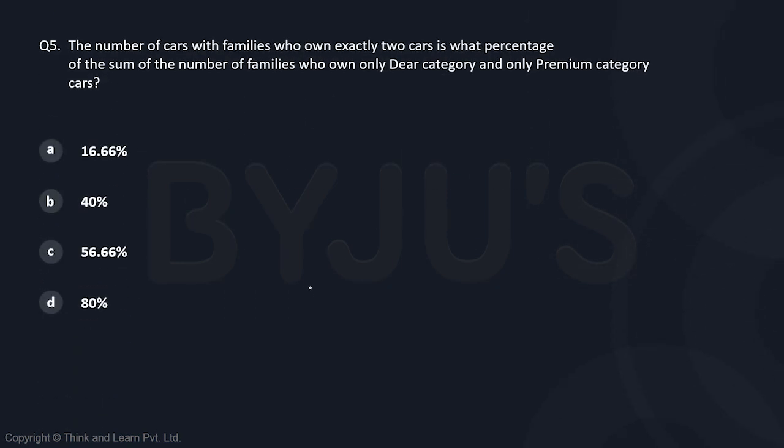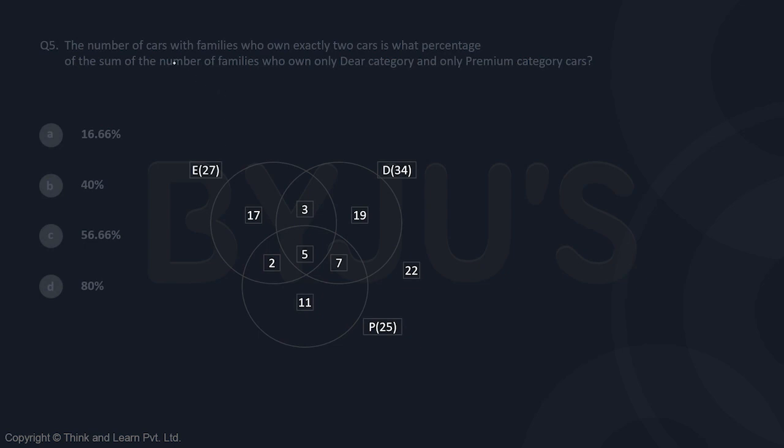And lastly, the question says the number of cars with families who own exactly 2 cars is what percentage of the sum of the number of families who own only dear and premium category cars. Let's have a look. Exactly 2 cars is this and this. They are 12. These 12 have got 24 cars, right?